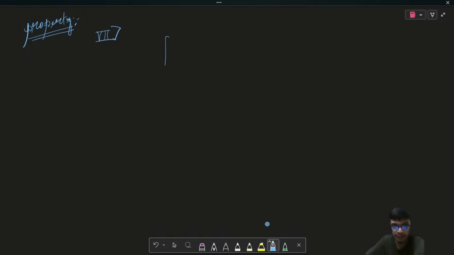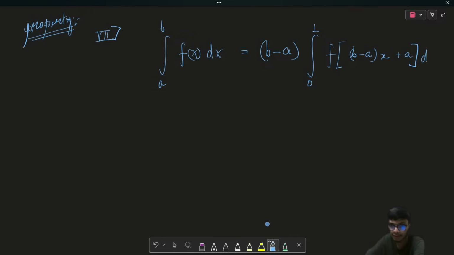This property says that if I have an integral from a to b of a given function f of x dx, then I can write this expression as b minus a times the integral from 0 to 1 of f of (b minus a) times x plus a, dx. What I am doing here is changing the limit from a to b into 0 to 1.